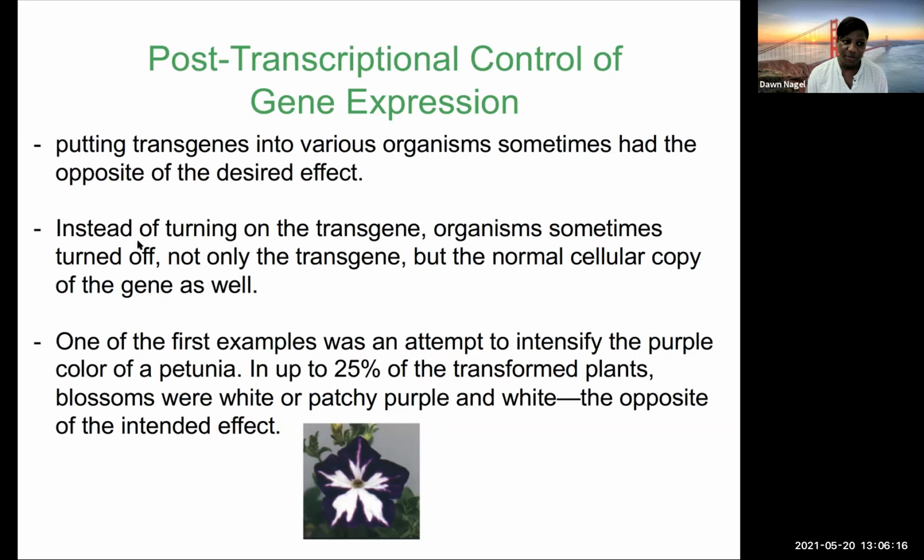And when they put it back into the genome, they got the opposite effect. Instead of having more purple, they had these flowers that had these stripes, these white stripes, right? And all of these white areas are areas where the gene was turned off, okay? So what they found out was that in a subset of these flowers, somehow what they transferred into that genome was turning off that purple color, that gene that codes purple color in the genome.